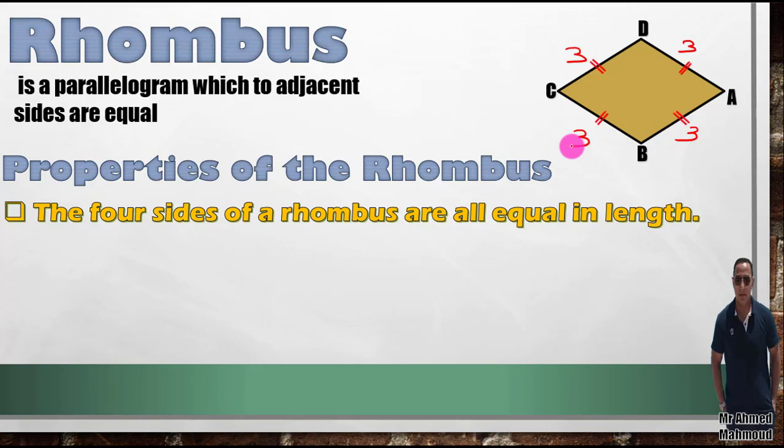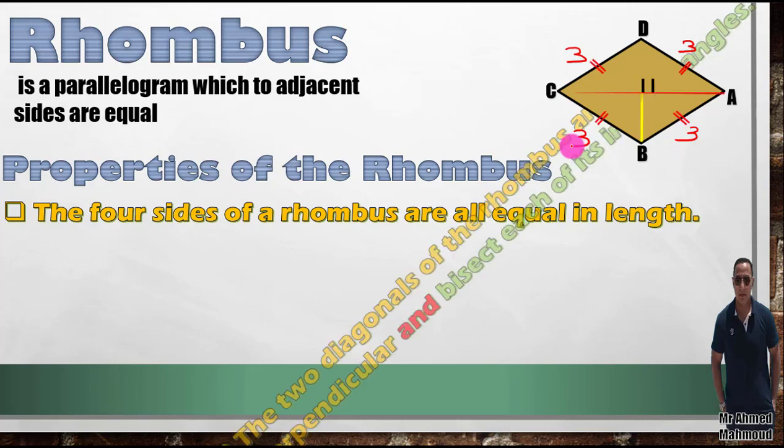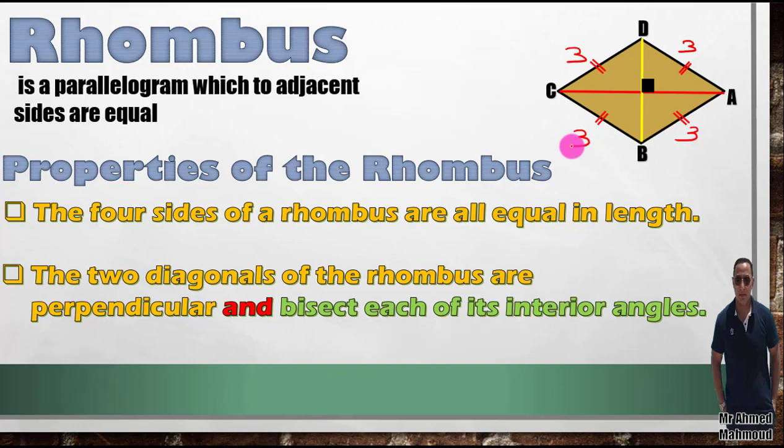Now the diagonals of the rhombus are perpendicular. Perpendicular means there is a right angle between the two diagonals, but they are perpendicular and not equal. And they also bisect its interior angles.